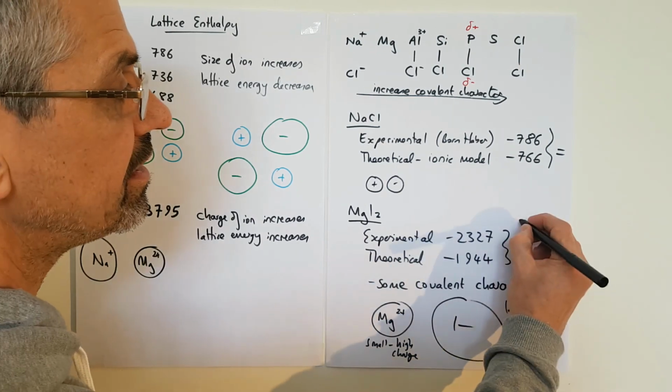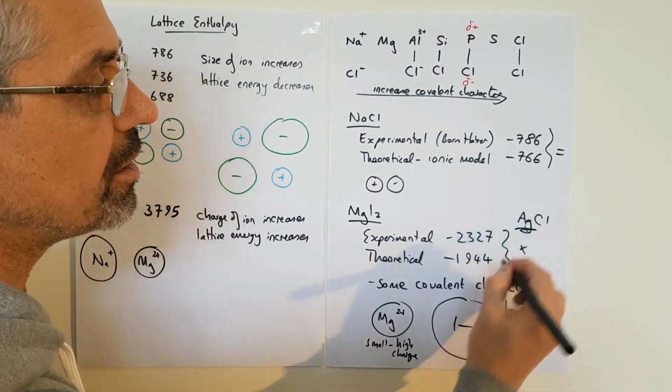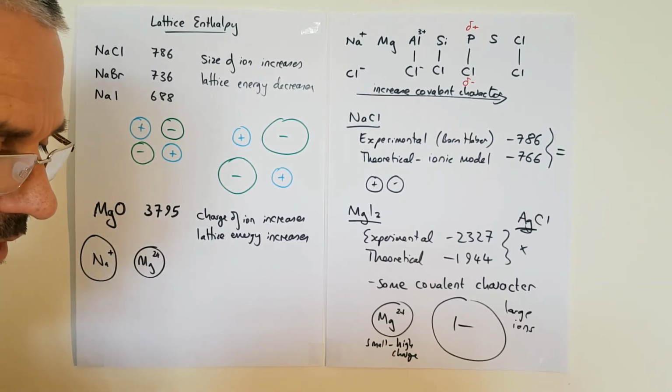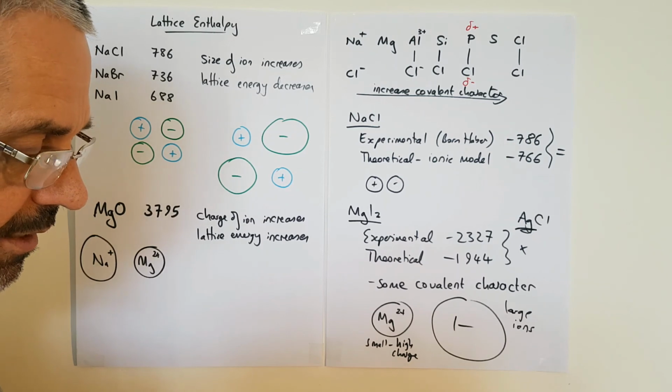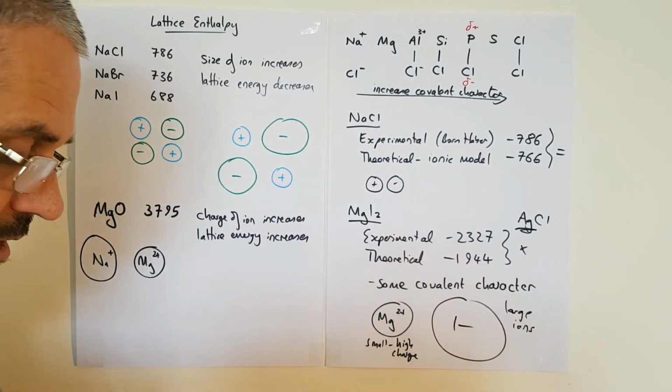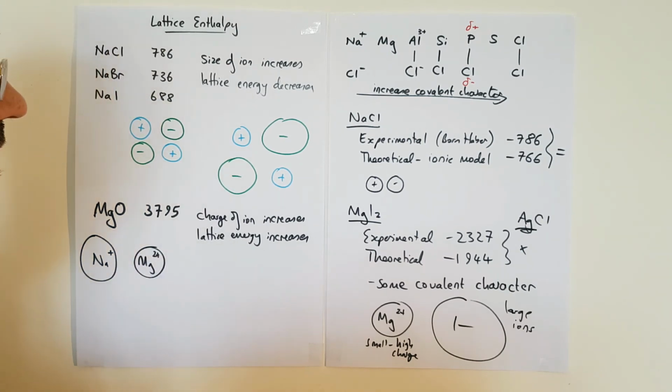Another example would be silver chloride. Silver, being a larger atom, forms larger ions, and therefore we'd get an appreciable amount of covalent character in silver chloride, much more so than perky little sodium chloride over there.